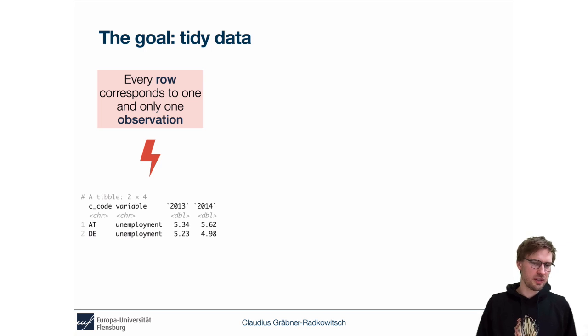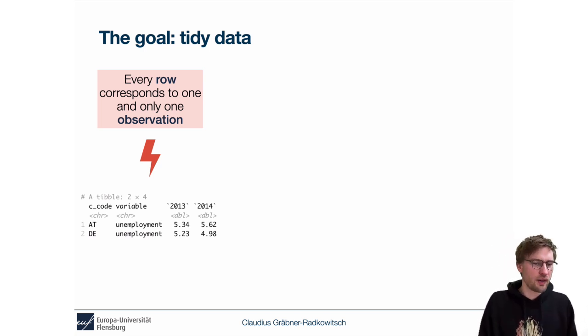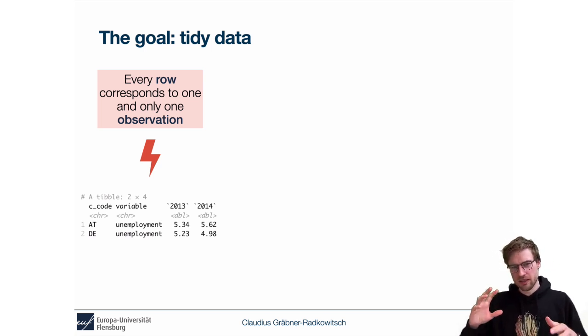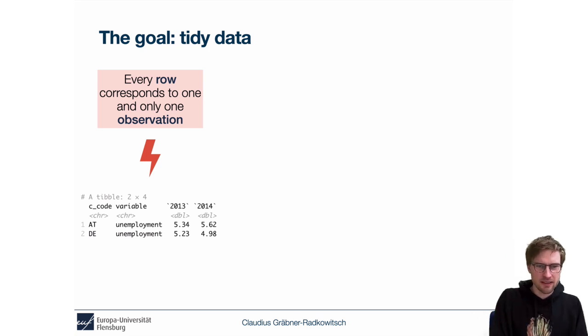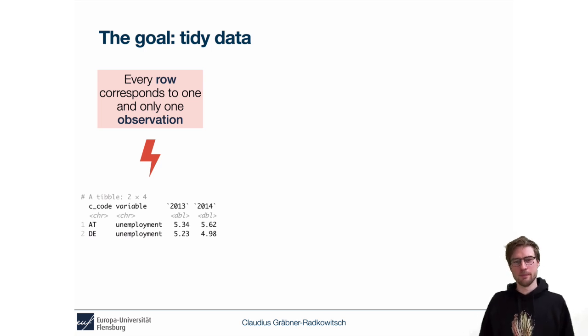You actually also see that the second demand for tidy data, namely that each column must refer to one and only one variable, is also violated because you have two columns that both refer to the variable year. This is a little bit more difficult to spot because then you need to think about what are actually the variables in the data set, and you don't see them immediately because they are hidden behind two columns in this case, but it doesn't change the outcome that this is definitely not a tidy data set.